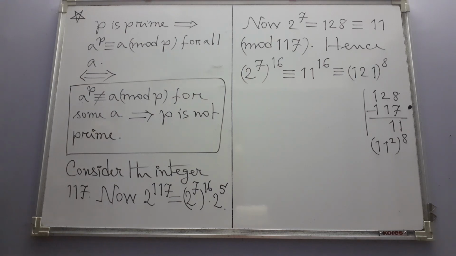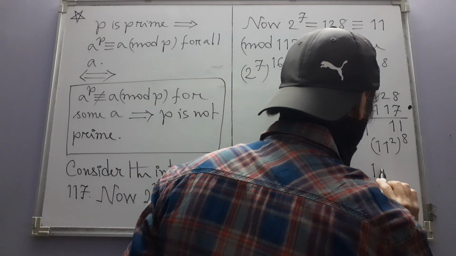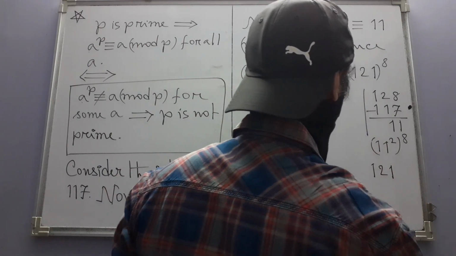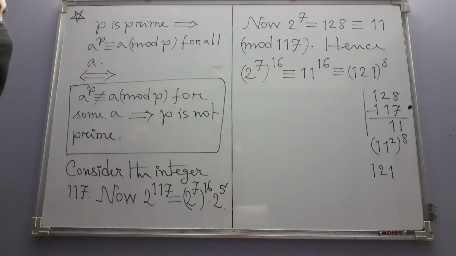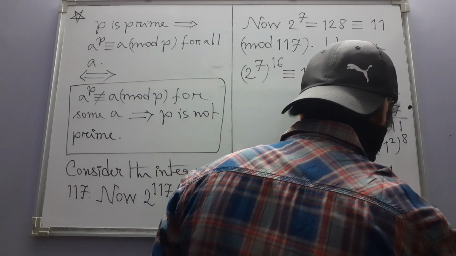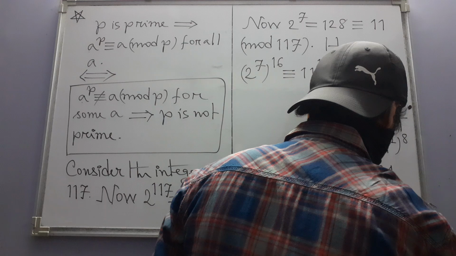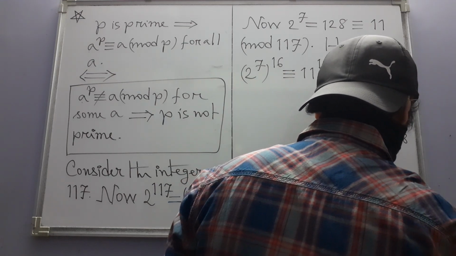Now 121, you can do 121 minus 117, so that is 4.